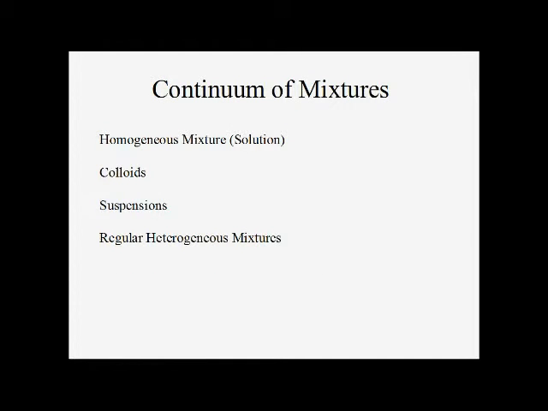There's a range of stuff going from the homogeneous mixtures, the solutions, to the heterogeneous mixtures. In heterogeneous mixtures, we see obvious changes in properties of the mixture. In homogeneous, we see no changes of properties throughout the mixture. In between that, we'll have colloids and suspensions.